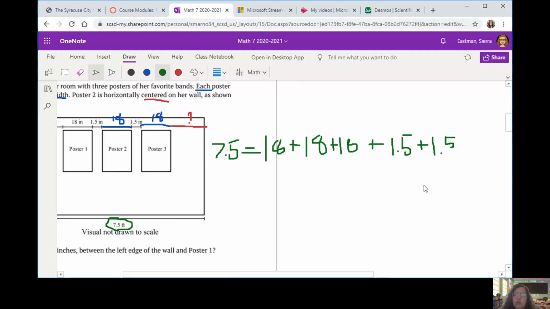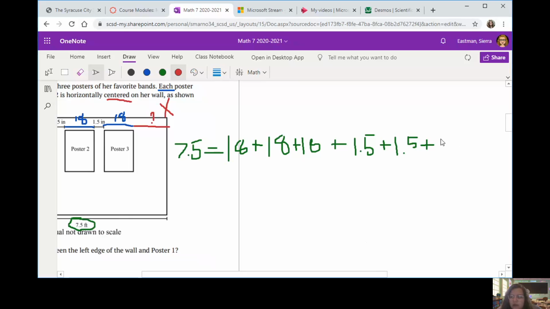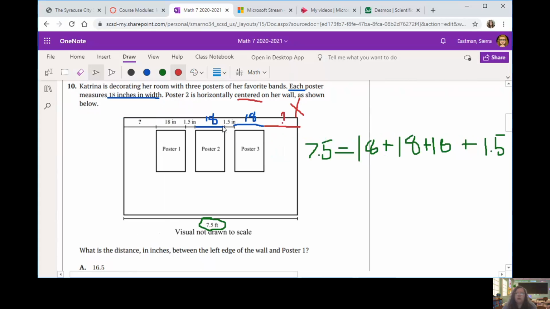And we should have 2 question marks. I'm actually going to change those question marks to X's so that we have an actual variable there. So I'm going to say plus X. Right now there are 2. We only need to find 1. But in order to match this equal to our total, we have to include every single part.